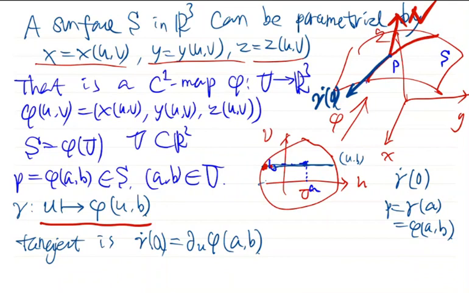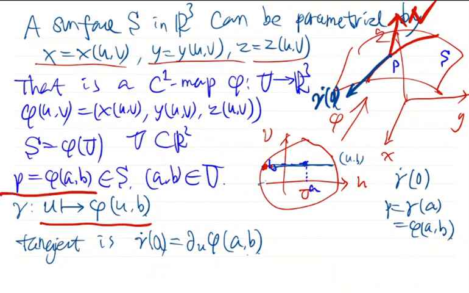Anyway, we have a curve on the surface. By fixing the second variable of phi and letting the first variable change, we obtain a curve on the surface passing through the point P, and the tangent of this curve at the point P is the partial derivative of phi with respect to u at the point (a,b).